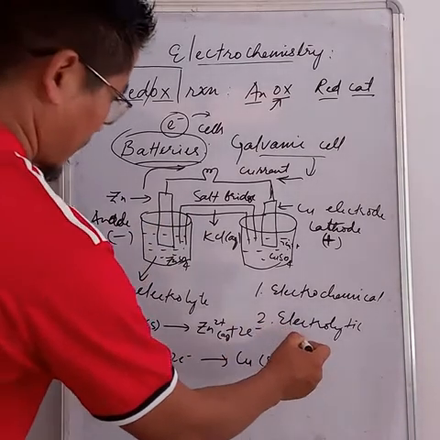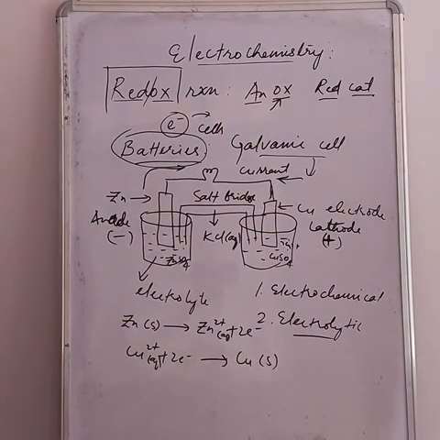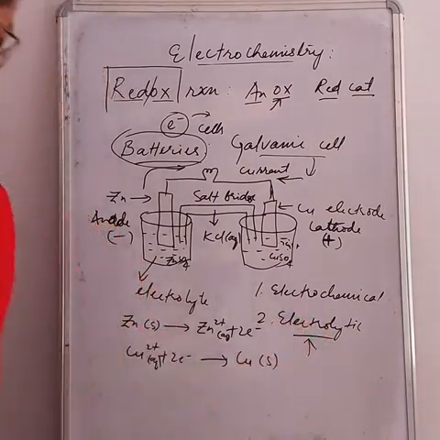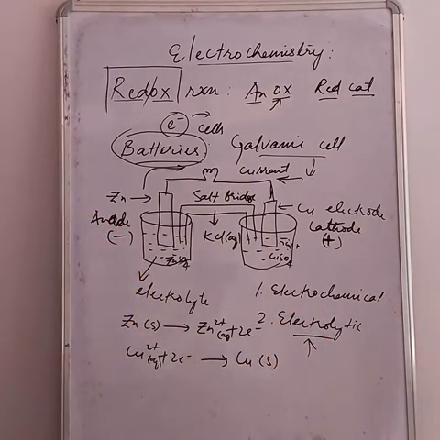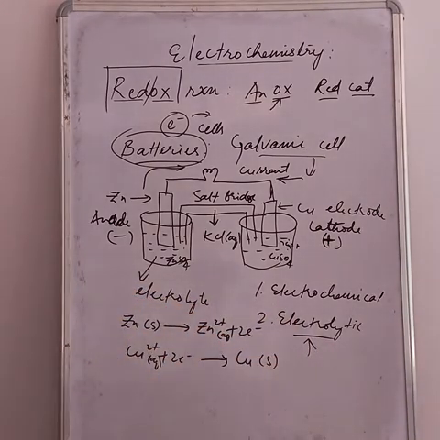But in the case of electrolytic cells, we have to supply external current or external energy in order to make them function. A perfect example is the batteries that you use at home for lighting up your household, usually called inverter batteries.